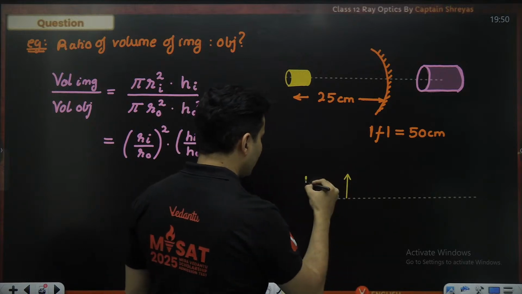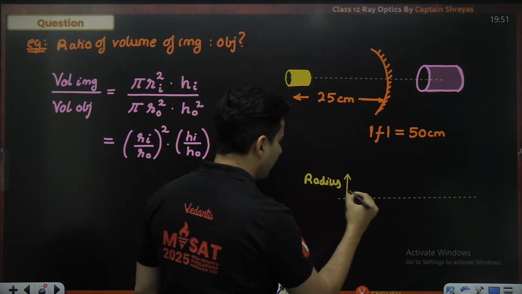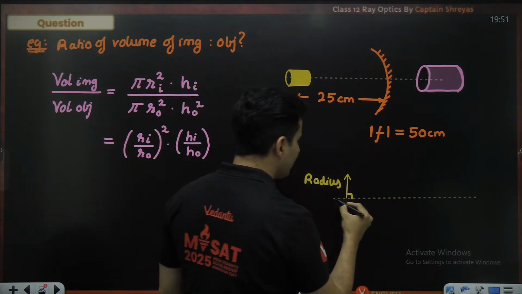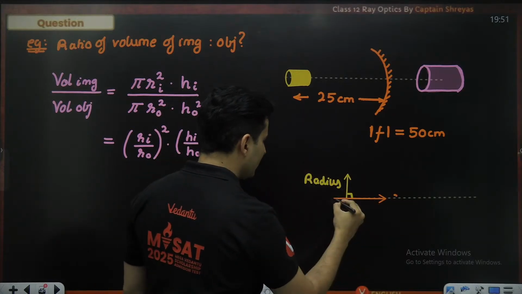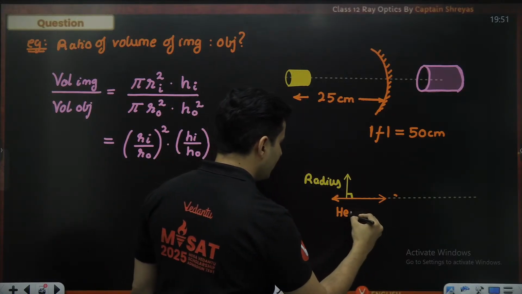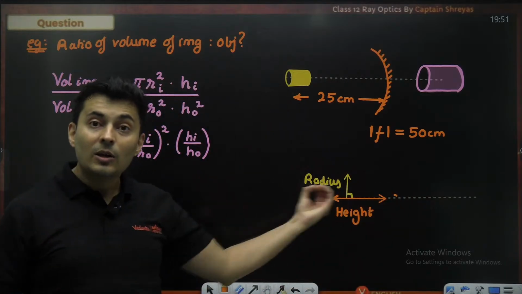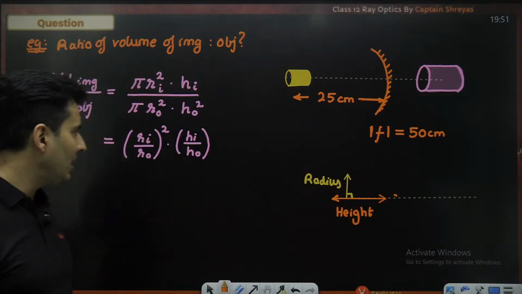Radius is in the perpendicular direction. But if you ask me where the height of the cylinder is, height is like this, in this direction. The height is along the principal axis. Radius is perpendicular to the principal axis.